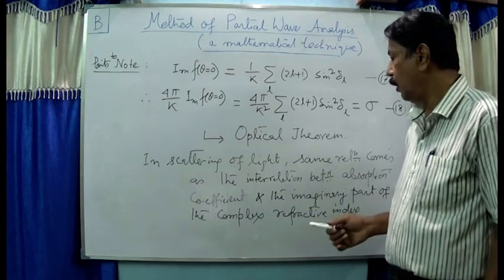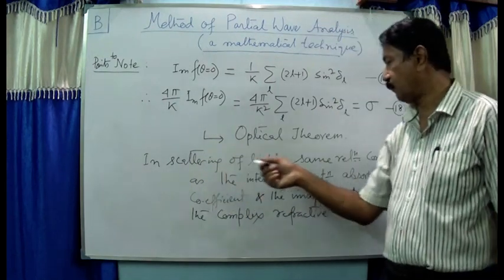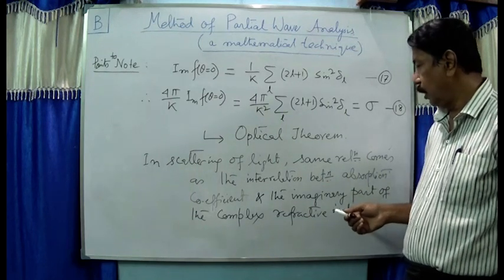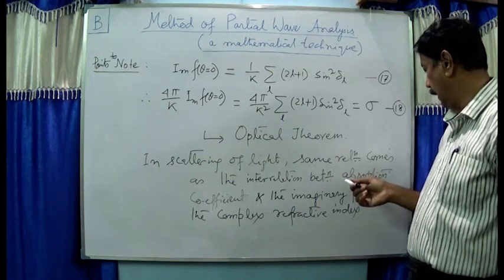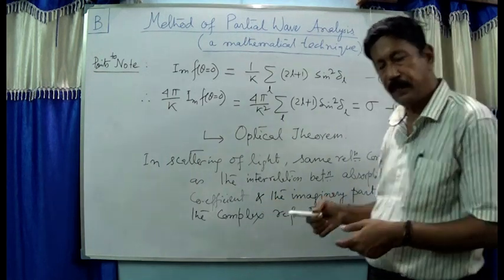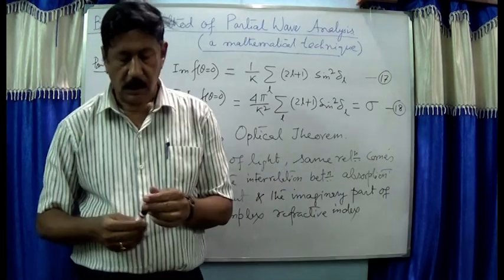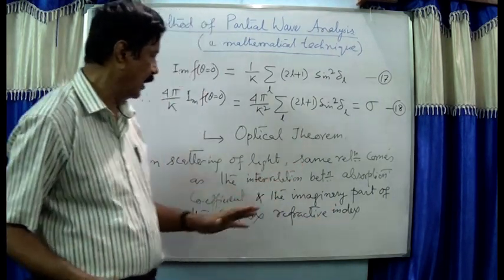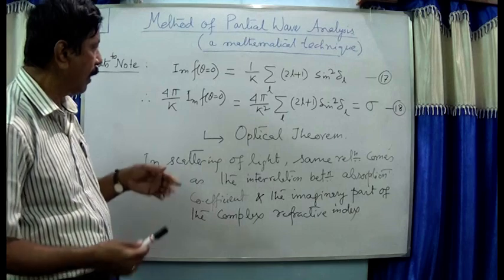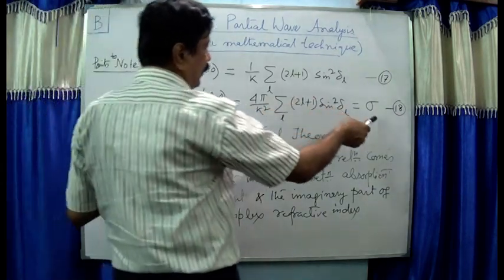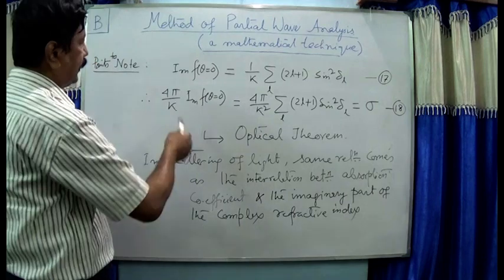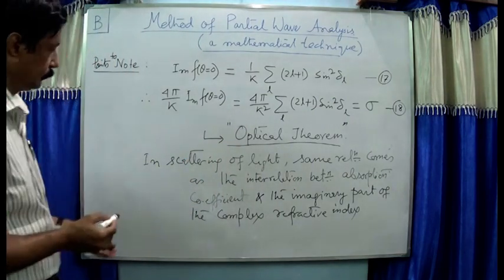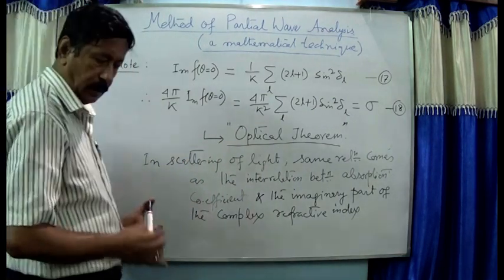So in optical phenomena where scattering of light is discussed, there is a relation between the absorption coefficient and the corresponding imaginary part of the complex refractive index. And so, while writing this expression, we call it the optical theorem. Okay?